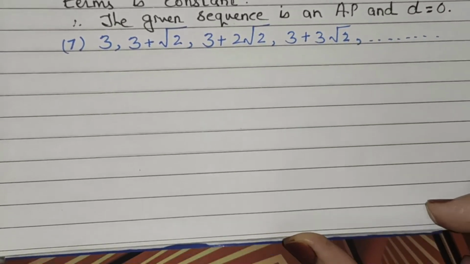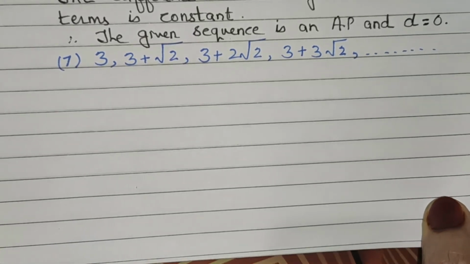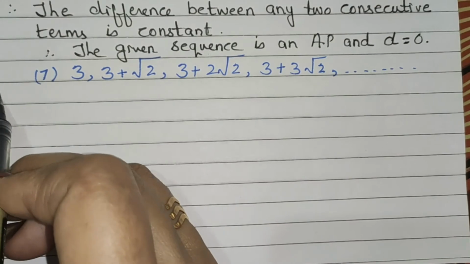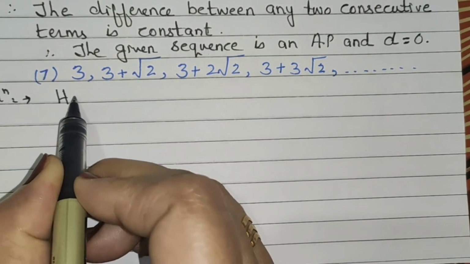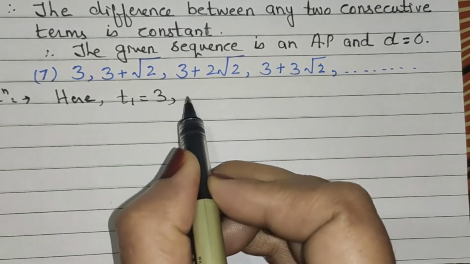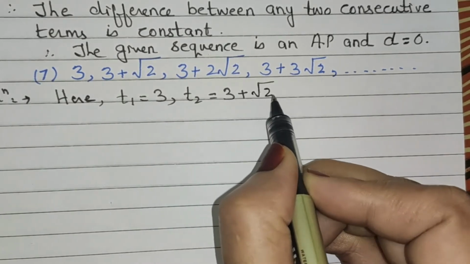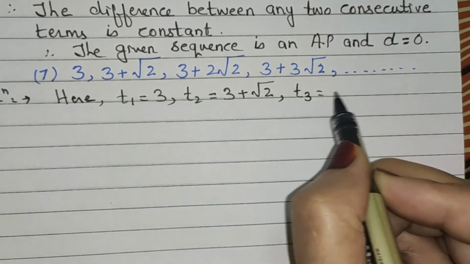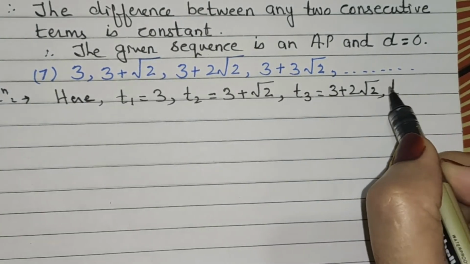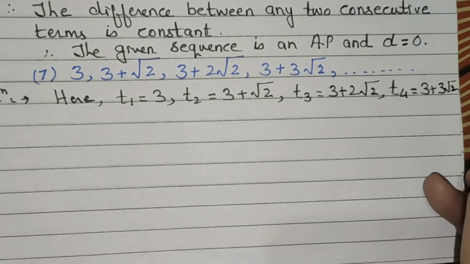Now next sequence is 3 plus root 2, 3 plus 2 root 2. Now here solution. T1 is equal to 3, T2 is equal to 3 plus square root of 2, T3 is equal to 3 plus 2 square root of 2, and T4 is equal to 3 plus 3 square root of 2.